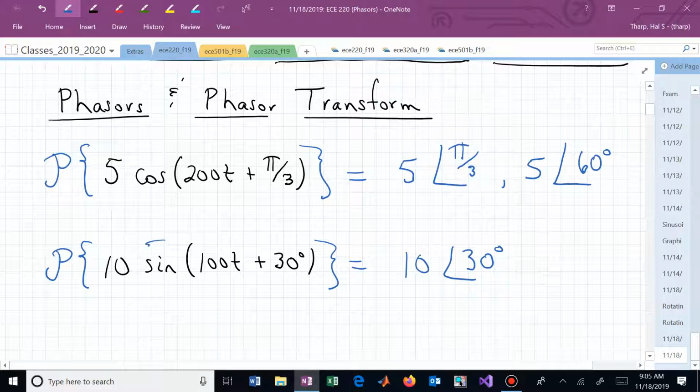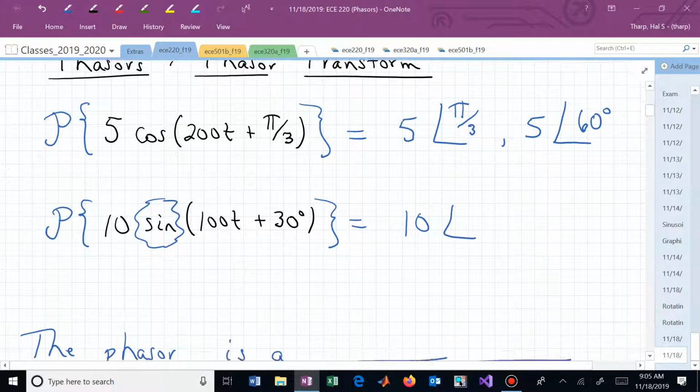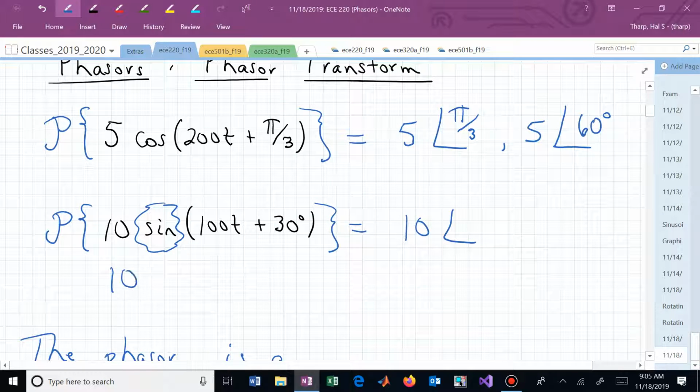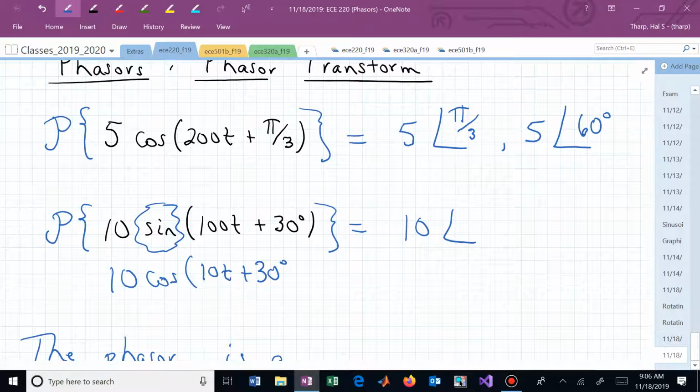What you need to keep track of are the alarm bells that go on in your head when you see a sine, because we are actually sticking with the cosine when we're doing our Phasor transform. So that magnitude is okay, but now how would we convert this into a cosine? What's the equivalent cosine expression? How do we need to modify the argument to turn that into a cosine? How are sine and cosine related?